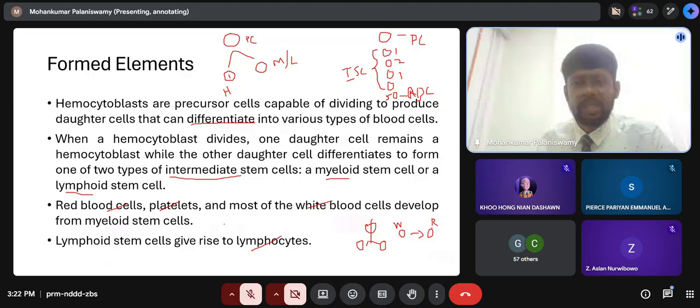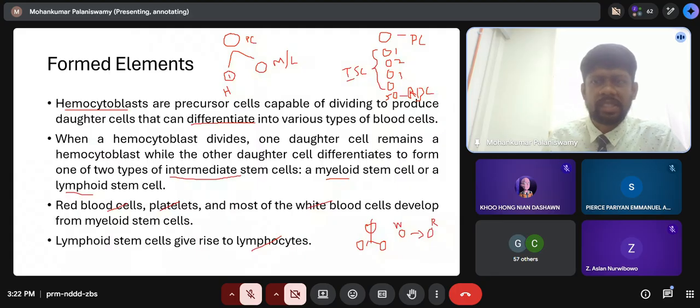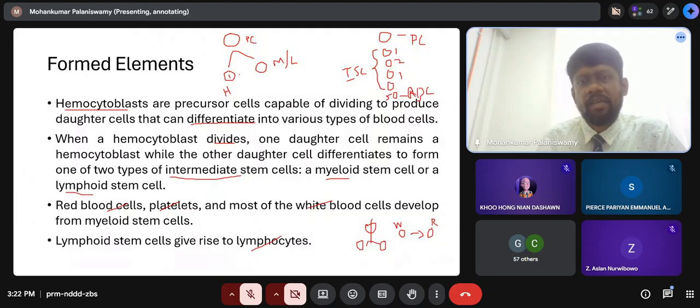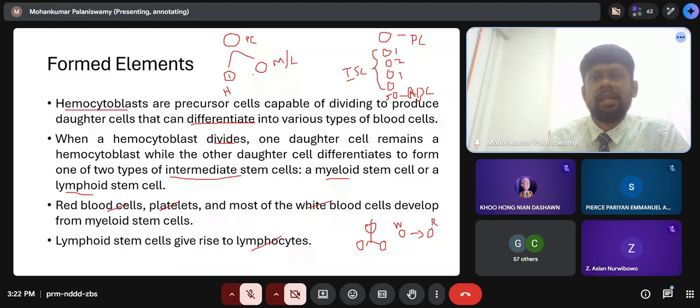How are the platelets and white blood cells developed? It starts from the hemocytoblast, the precursor cell. This precursor cell initially goes for proliferation, where one cell becomes two cells. This is the parent cell, and these two are the daughter cells.